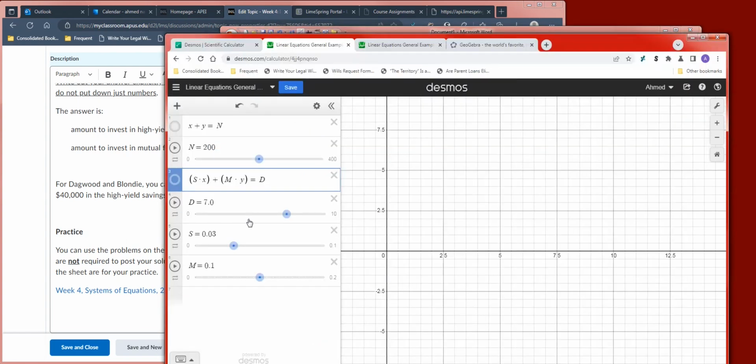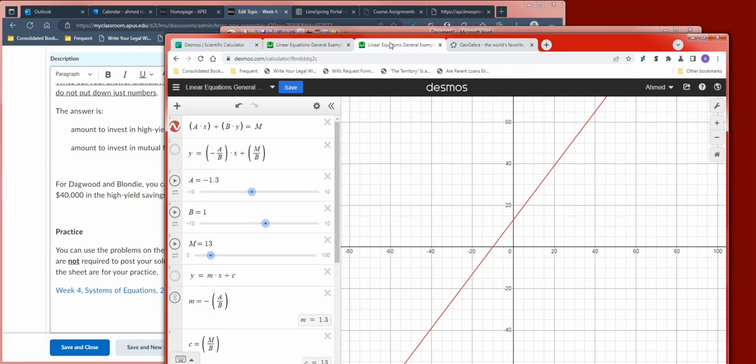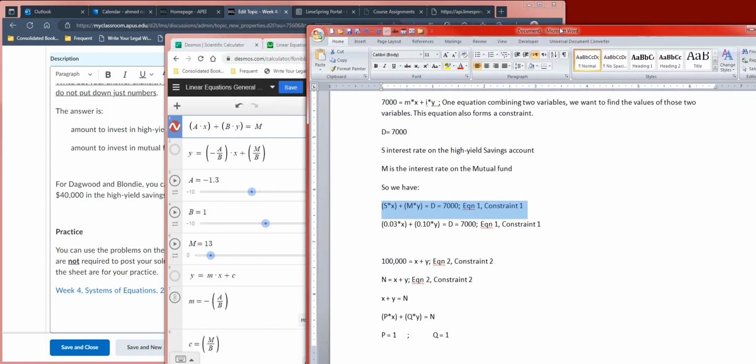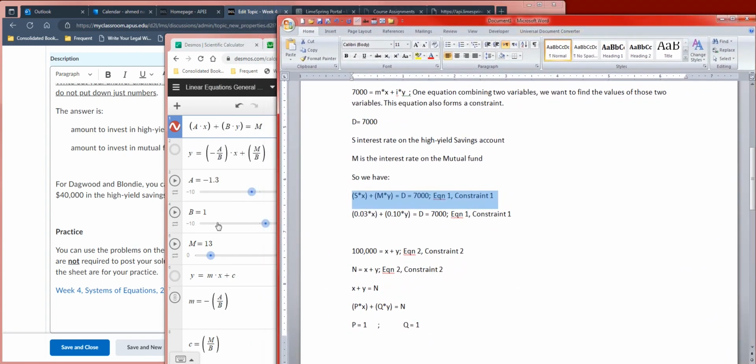Let's look at, here's another graph, and maybe I'll share that link with you as well. Here's the thing to note. This equation, if you see this equation, right, this is written in exactly the same form as this equation, right? You can see that, right? Compare the two, right? Sx plus my equal d, and here is ax plus by equal m.